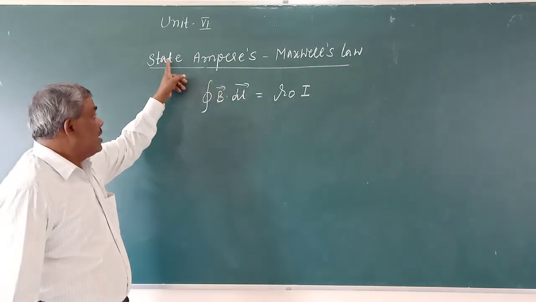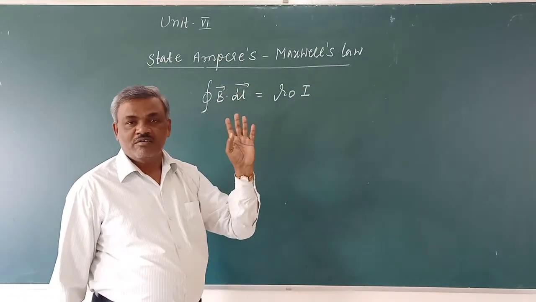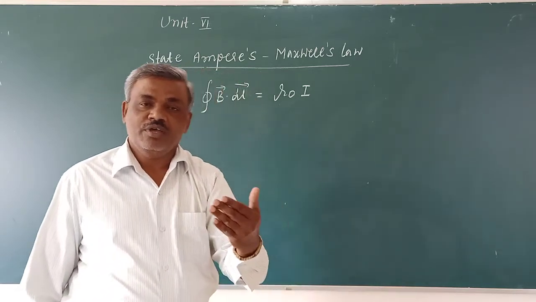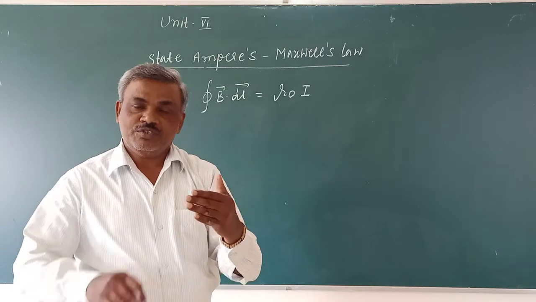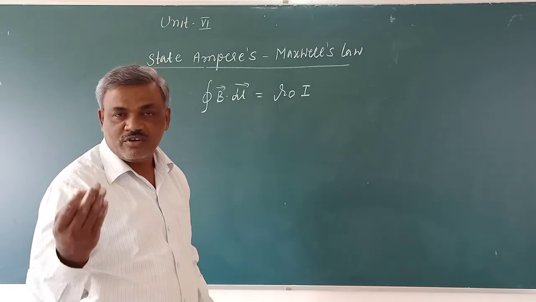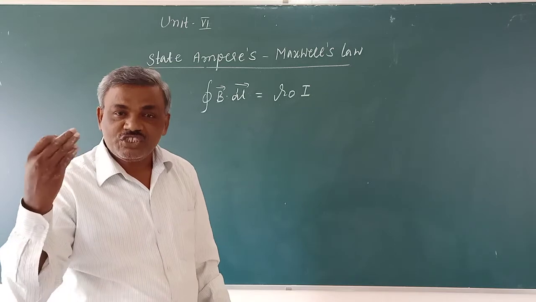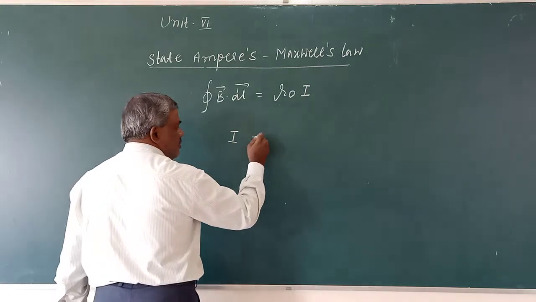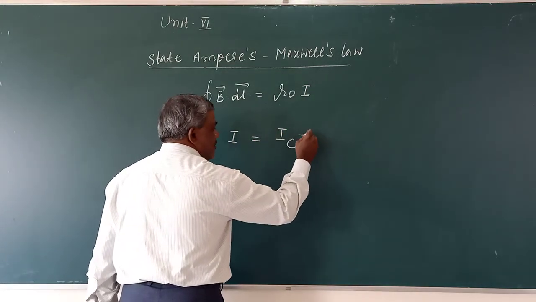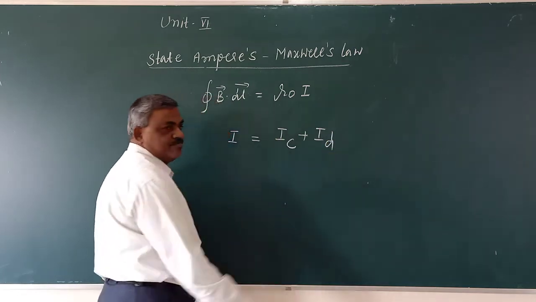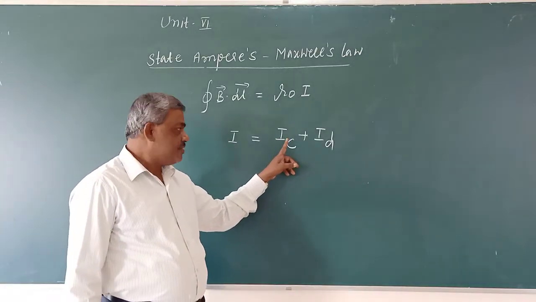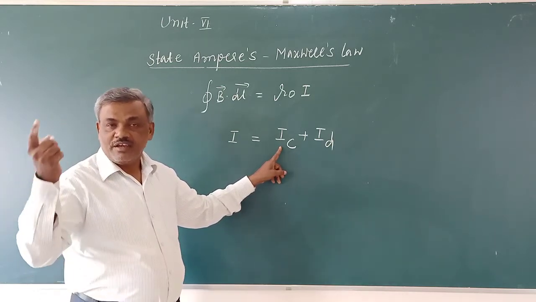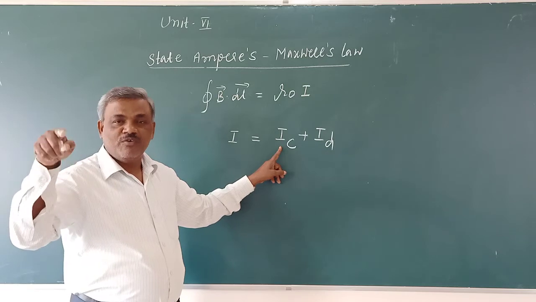But now here, state Ampere's Maxwell law. According to this law, the total current passing through any surface which is a closed loop is equal to the sum of the conduction current and displacement current. So total current I equals IC plus ID, where IC is the conduction current, the current carried by the conductor due to the flow of electric charge.